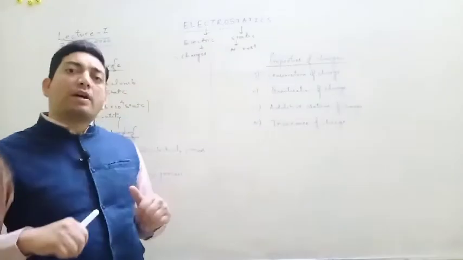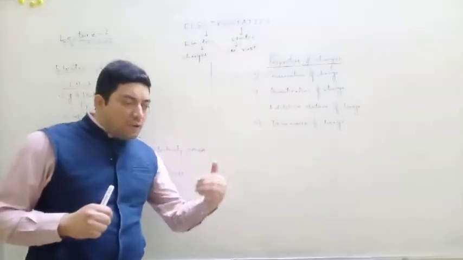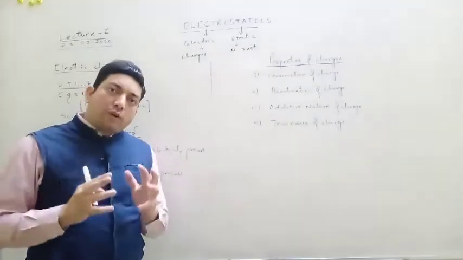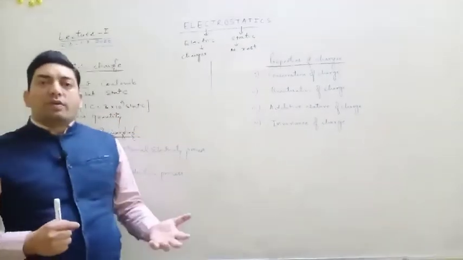The next example is when we rub an ebonite rod with catiphor or wool, then the ebonite rod becomes negatively charged and wool becomes positively charged. What does that mean? That wool has lower work function and the ebonite rod has higher work function. The lower work function body will always lose some electrons to the body which has higher work function.